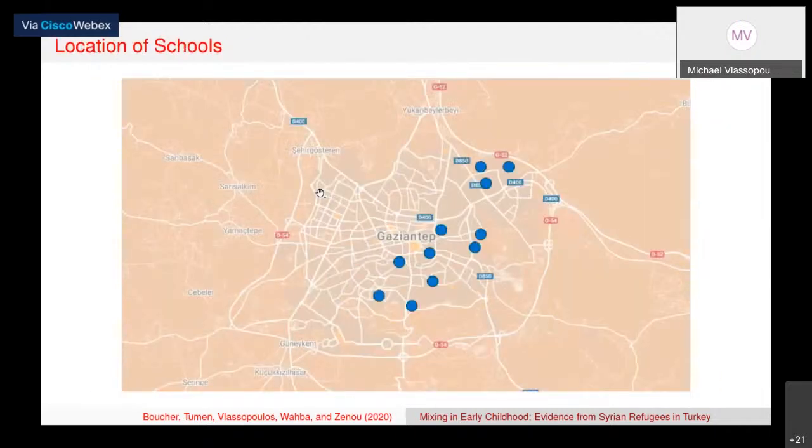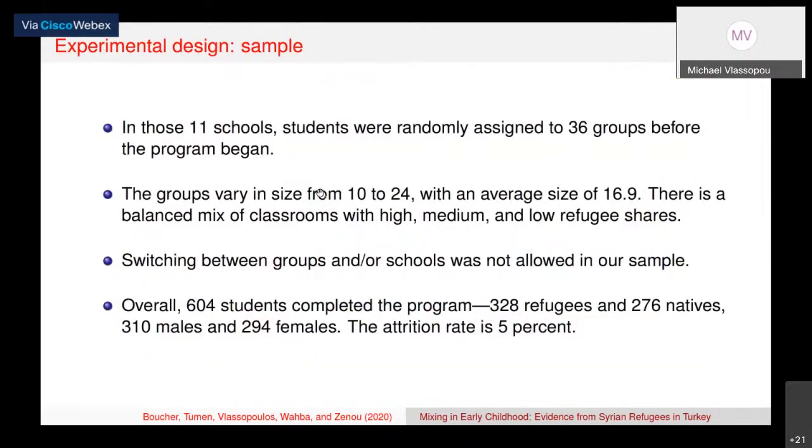Let me say a few things about the sample and then give a quick summary of the results. We have 11 schools, and students within those schools are randomly assigned to 36 groups of sizes varying from 10 to 24, and the balance in the groups varies between low, medium, and high refugee concentration. We're not allowing the kids to switch groups and schools for the duration of the study.